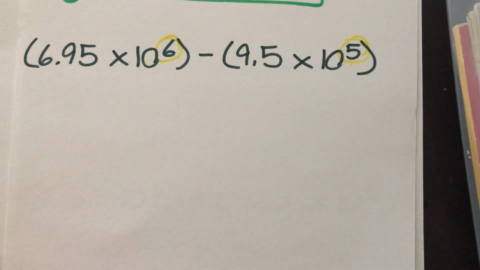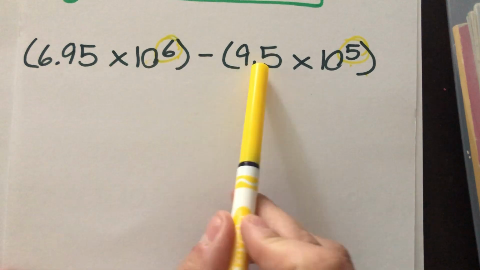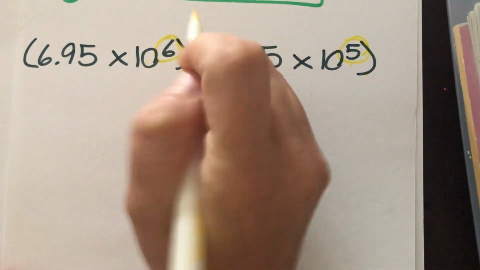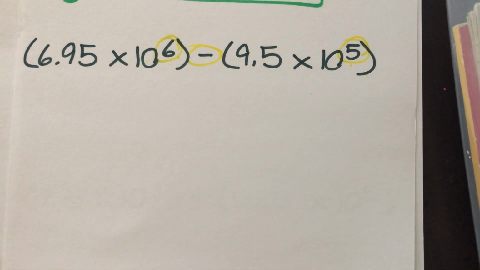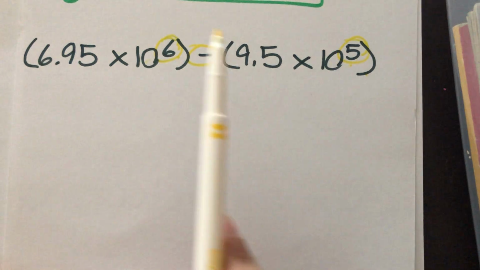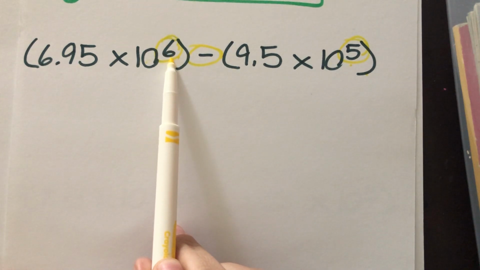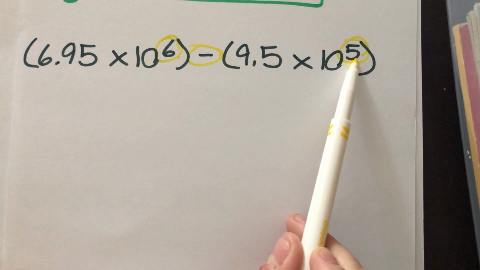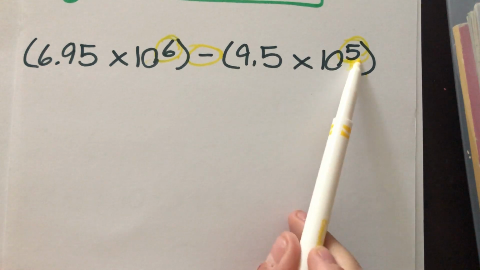We cannot add or subtract our coefficients until our exponents are the same. And there is a little trick that we can do to make our life a little bit easier. We are going to make the smaller exponent match our larger exponent. So we want to make this 5 turn into a 6.